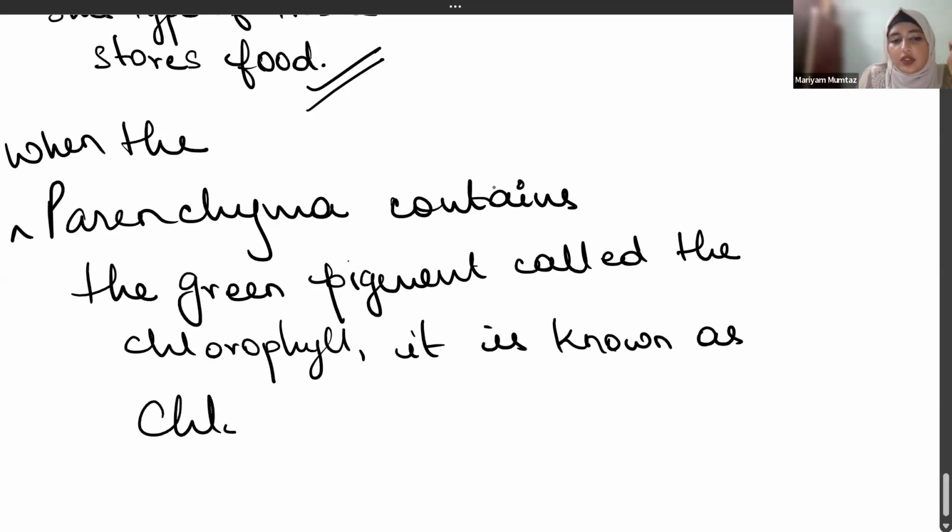Okay, the parenchyma that contains the chlorophyll.